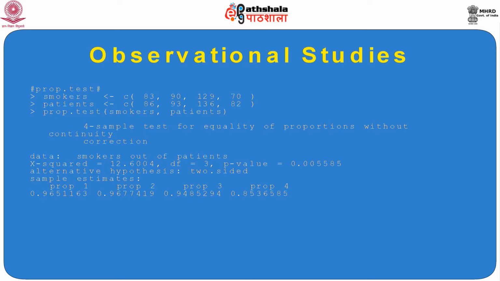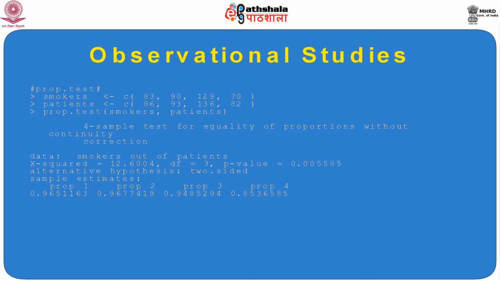So it says that those proportions are not statistically the same, they have differences. Proportion 1 is 96.51%, proportion 2 is 96.77%, proportion 3 is 94.85%, proportion 4 is 85.36%.